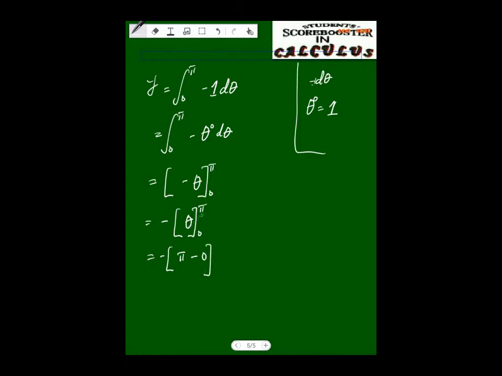That is when theta is equal to pi and when theta is equal to 0. So what do you get? We have minus pi, because pi minus 0 is pi. So this is your final answer according to what you have as the options.